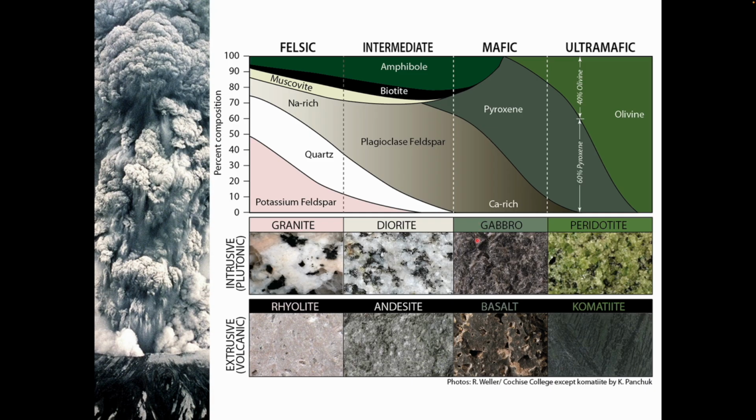When gabbro erupts as a volcano, as a volcanic rock, you get basalt. This is called extrusive. In the intermediate spectrum, our extrusive rock is andesite, and our intrusive version is diorite. And on the felsic end, your intrusive rock is granite, and your extrusive rock is called rhyolite.